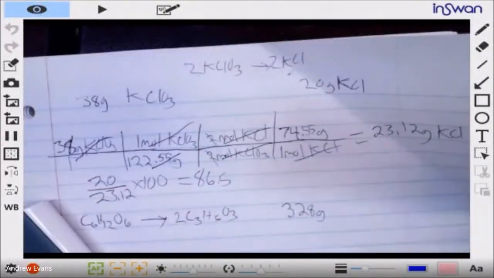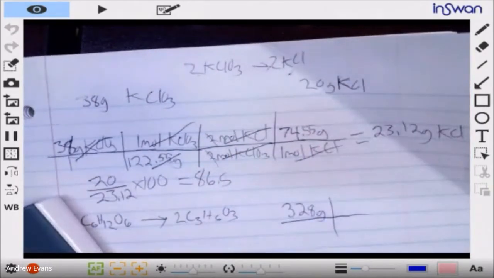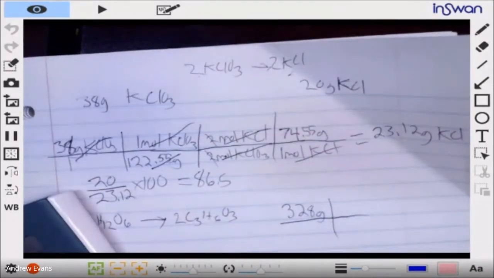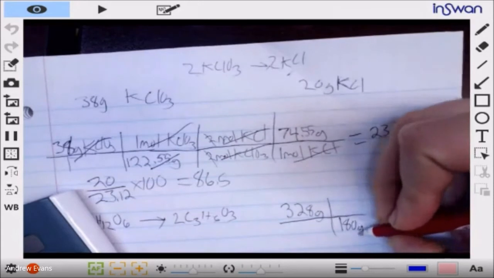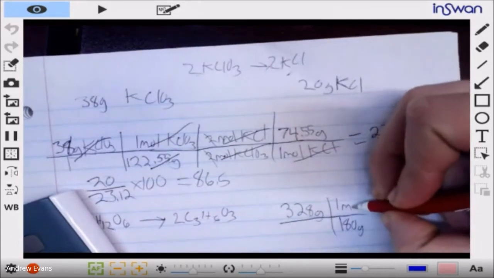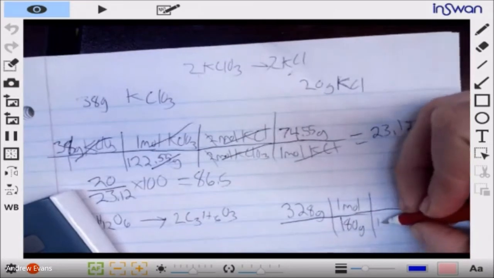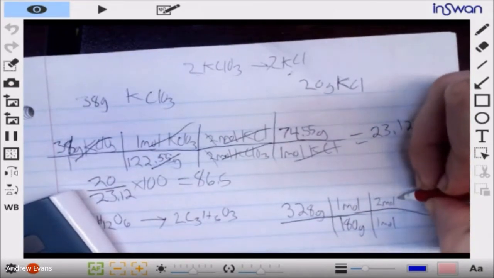But okay, let's look at that. Hypothetically, we look at the molar mass of glucose, C6H12O6: 12 times 6, plus 12, plus 16 times 6, which is 180 grams per 1 mole. Now, for every 1 mole of glucose, we produce 2 moles of lactic acid.